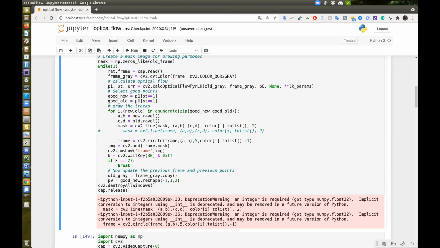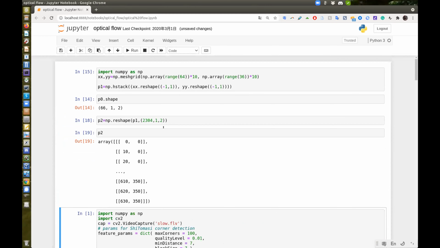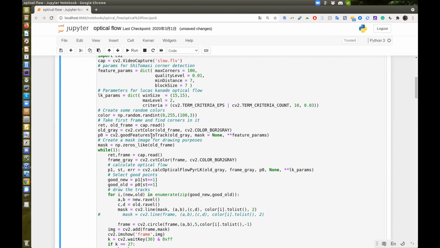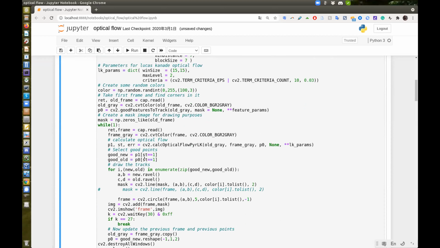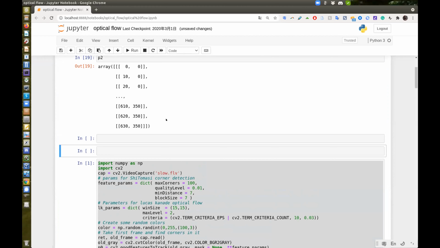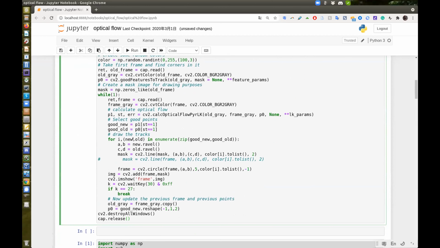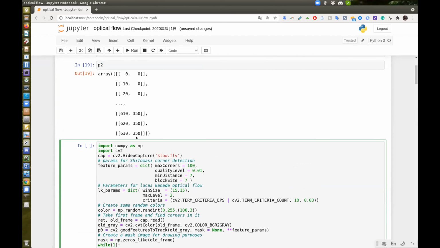So let's see if I have a PCO here. There's a P1. Oh, it is trying to select good points also. I probably will crash this entire thing, honestly. P1, does it have a P2 here?